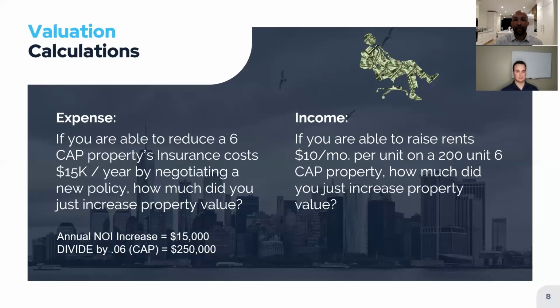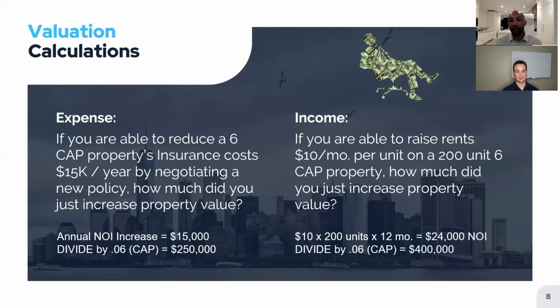Here's an income situation. If you were able to raise your rents by $10 a month on a 200-unit 6 cap property, and $10 a month is a small rent increase. Have you ever had a $20 rent increase, a $50 rent increase, a $100 rent increase? Definitely. I used to get like $200 rent increases when I was living in New York City.